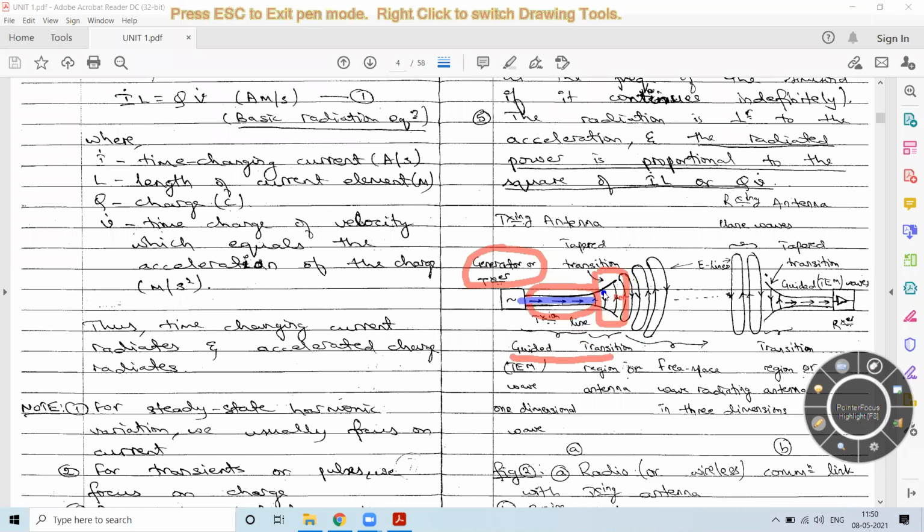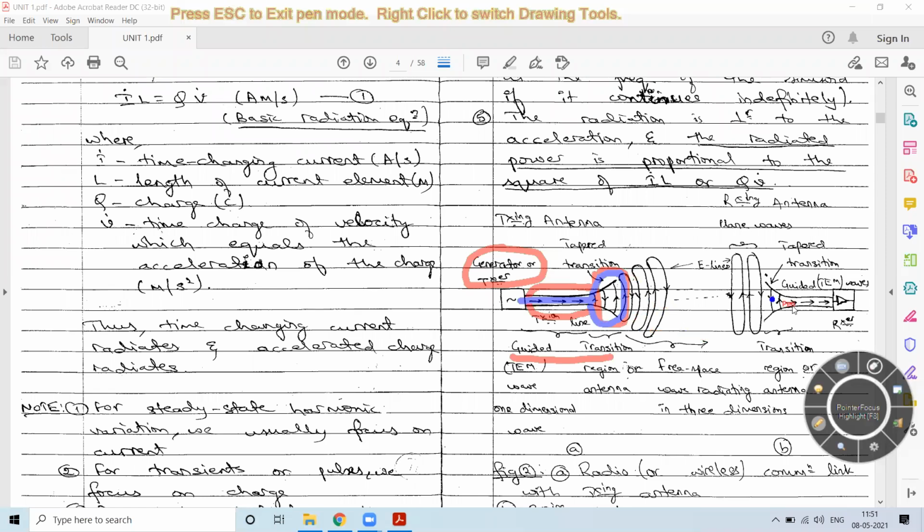The transition is from guided waves to spherical waves. When the waves encounter the tapering end, they try to jump out of this tapering end. So this is where the radiation starts to take place.